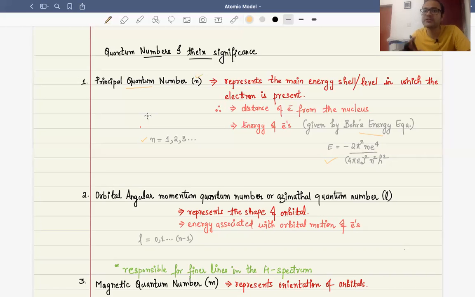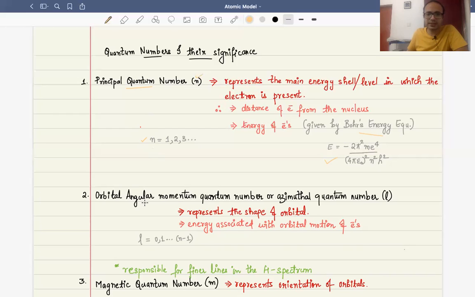You cannot define a well-defined pathway for the motion of the electron. So that is why we will not be using that term any further. We will be just talking about the energy levels or energy shells. So that is about the principal quantum number.